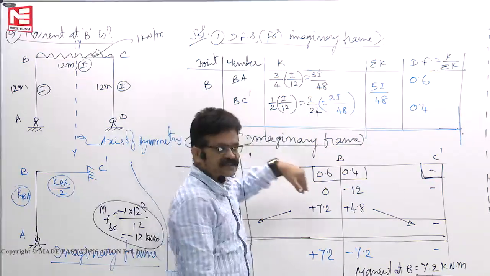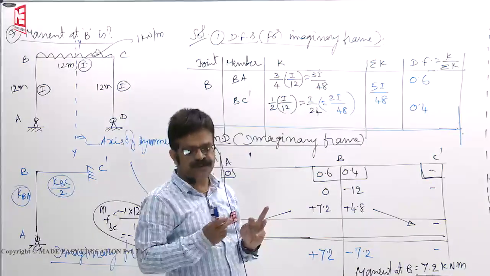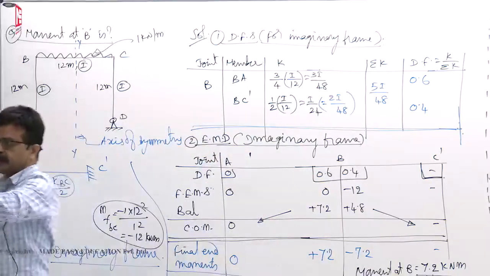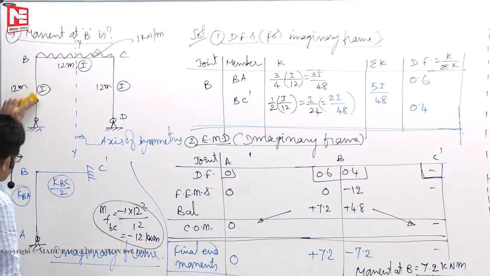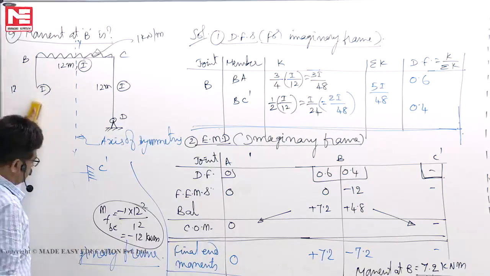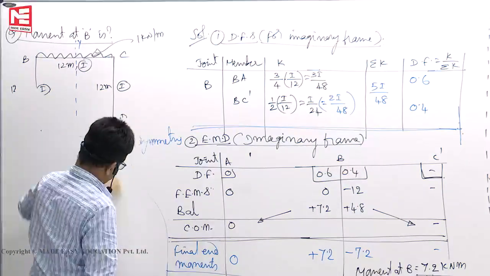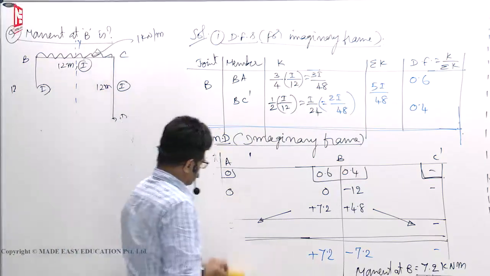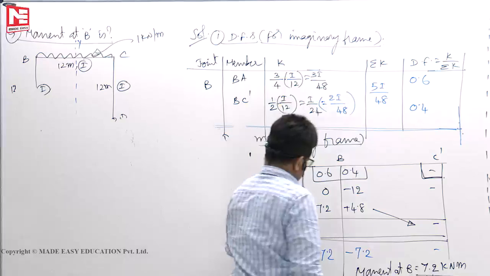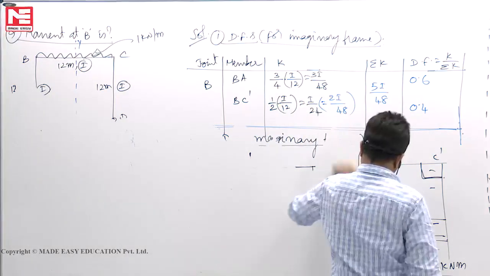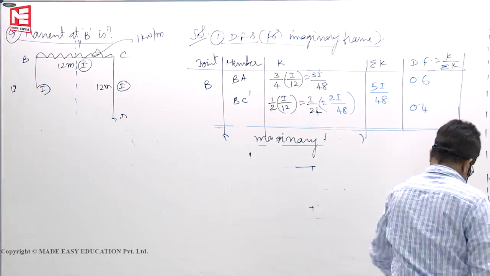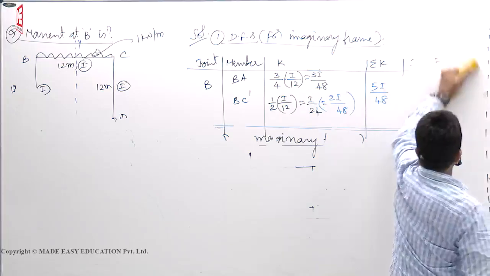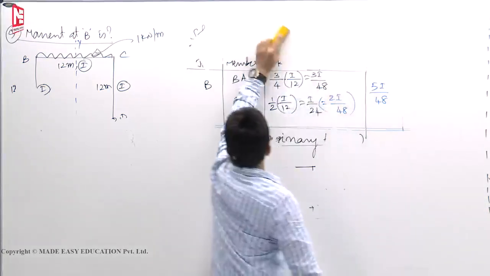Now, we will take a third example where a box frame we have to take. I remove this one. See, in all these examples, axis of symmetry is passing through midspan.